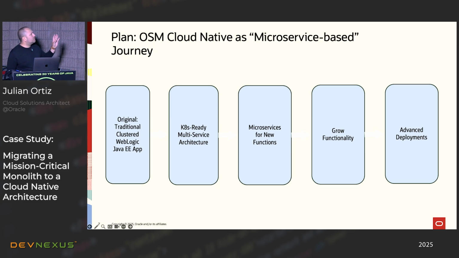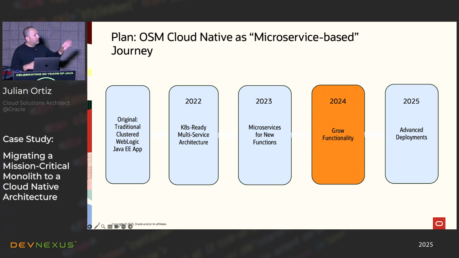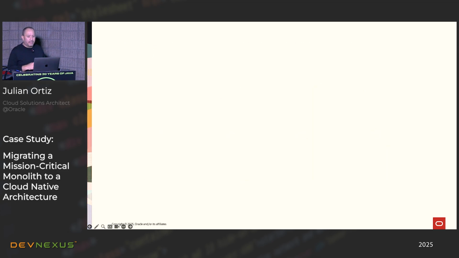Now, to get there, the product team decided that to grow functionality, we were going to use the strangler pattern approach. We were going to take pieces, eventually move them around, and that way we will have services that complement the architecture. Right now, at the end of 24, beginning of 25, we are growing functionality and working on the advanced deployments.